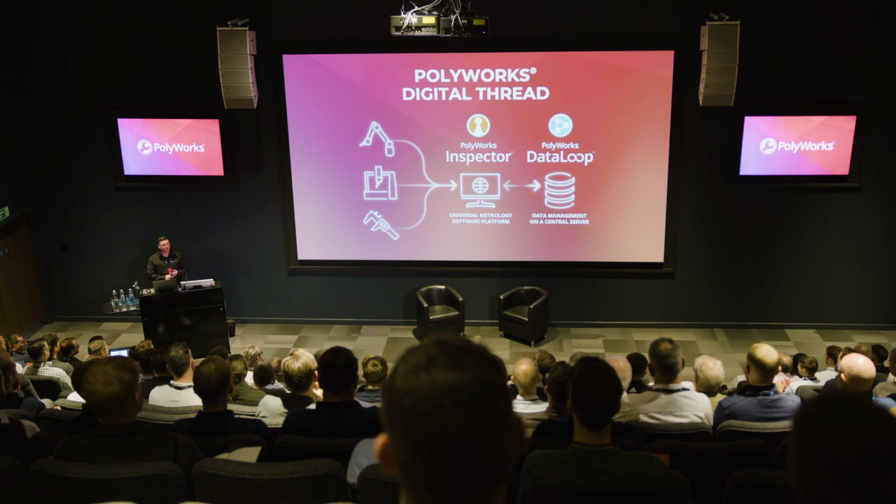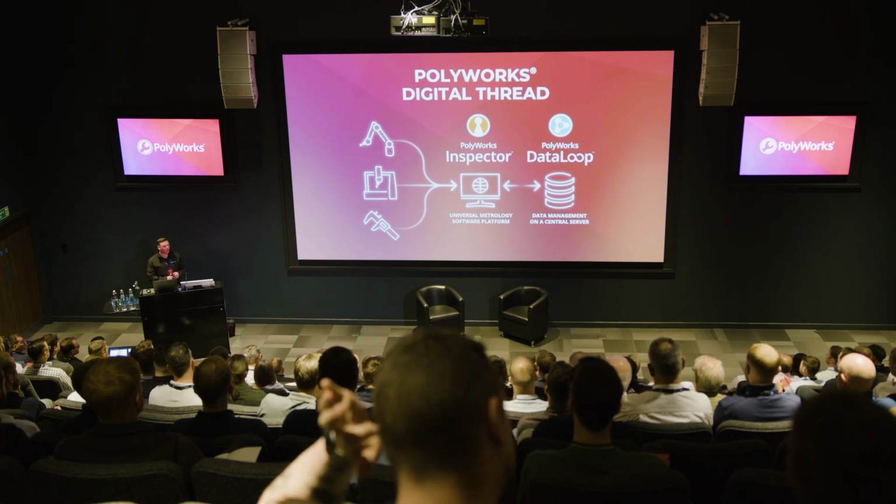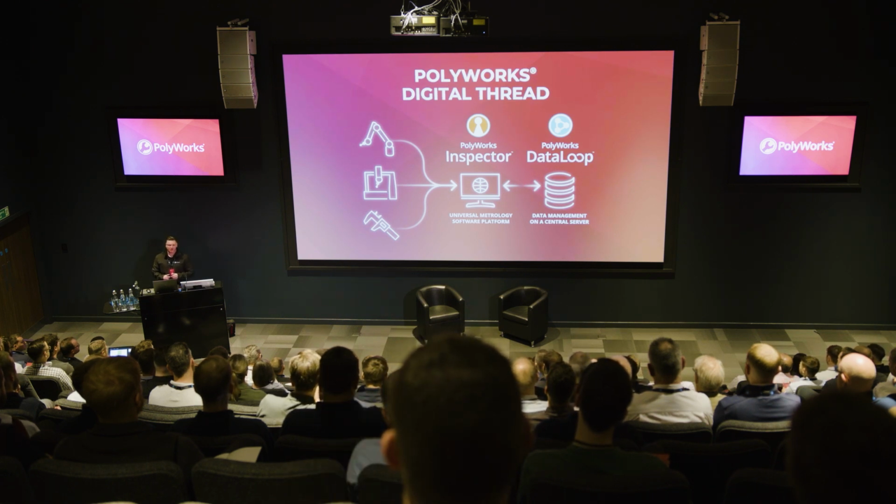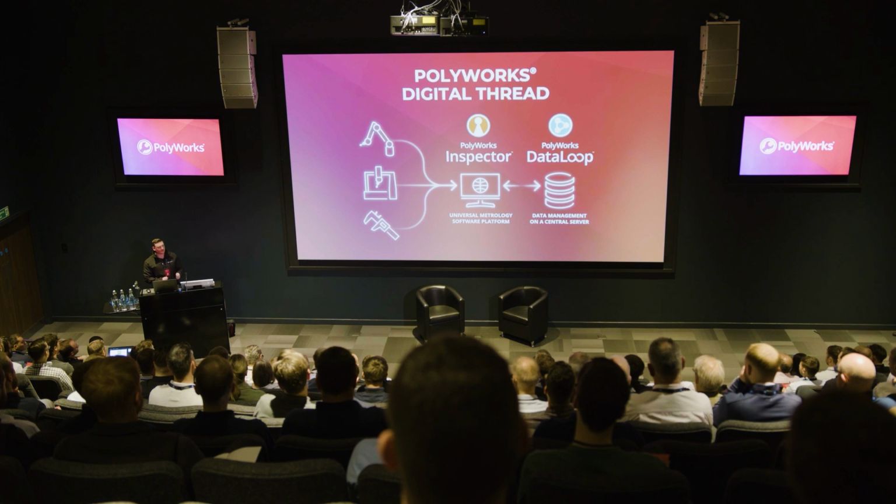Managed data on a central server is the quantum leap within the digital thread. Quality control teams no longer need to specifically share files with other departments, whether that be engineering, production, or design. That data can be accessed instantly anywhere.